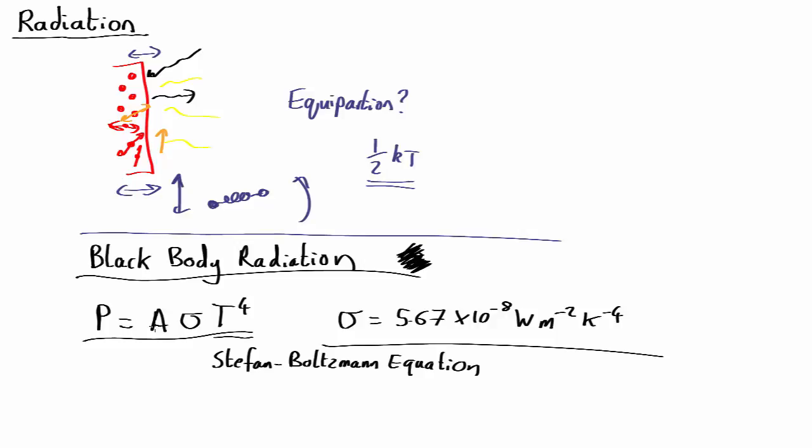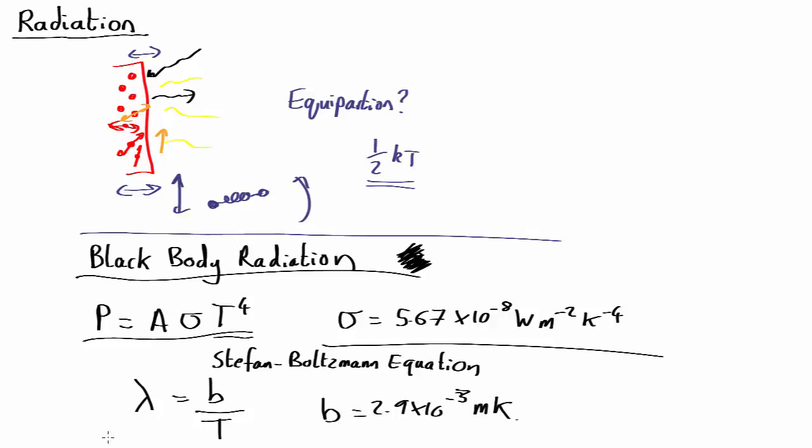What wavelengths does it radiate at? Well, that's given by the Wien displacement law. It tells you that the wavelength of the peak emission, it's spread over a range of wavelengths, but this is the peak, is equal to B, which is a constant, over the temperature, where B is 2.9 × 10^-3 meter Kelvin.